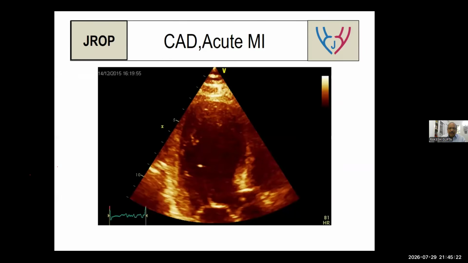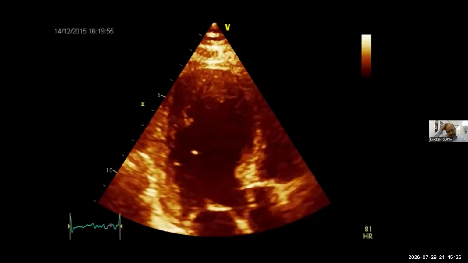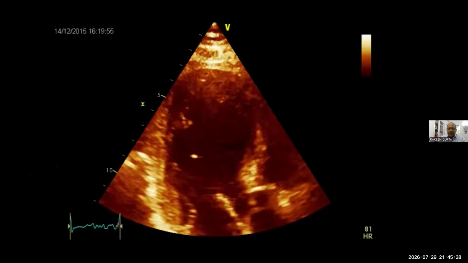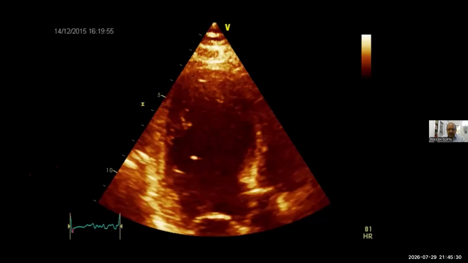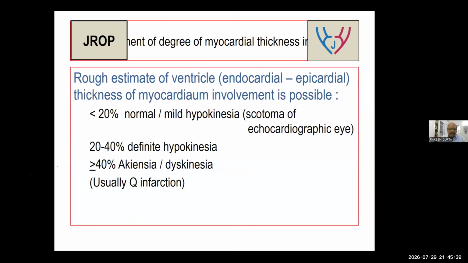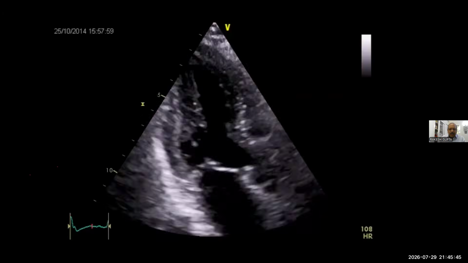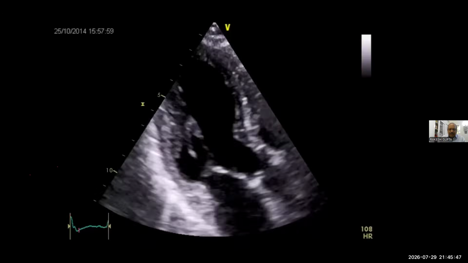Now, apart from these wall motion abnormalities, we have many segments abnormal either because of LBB or RBB or post-surgical. So many things where you see an ECG. So how do we look for these kind of things is, we look at the contraction pattern in this three-chamber view.